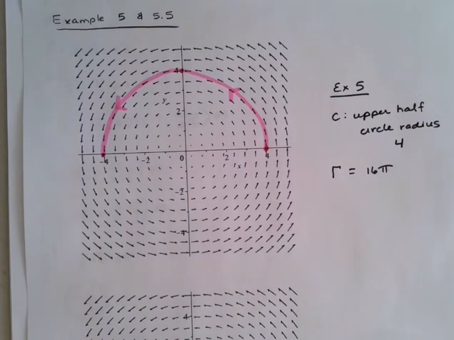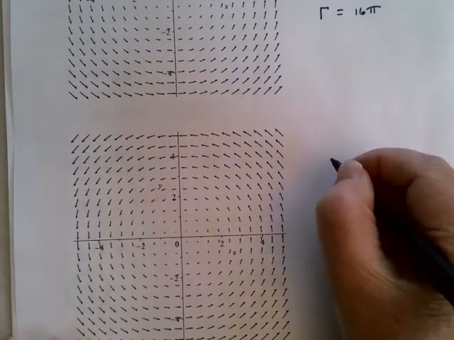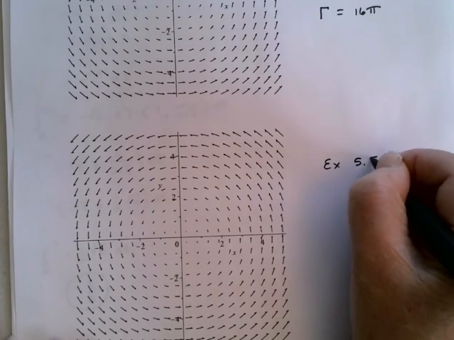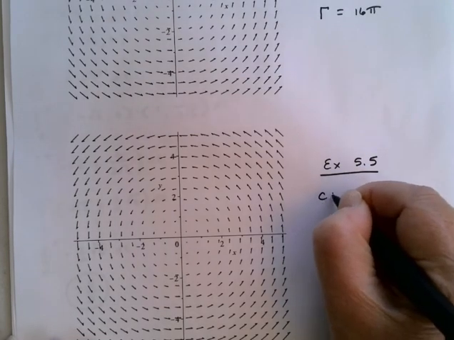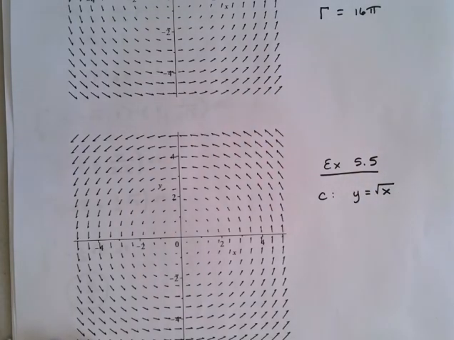Now compare that to the second one. Same vector field, so here it is again. In example 5.5, as I called it, our path here was the square root function. y was the square root of x, and I think it went from (0, 0) to (4, 2).